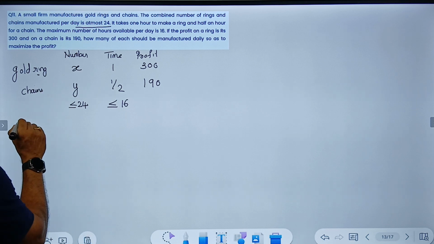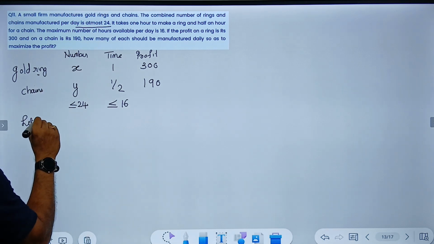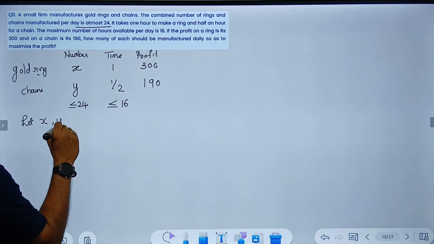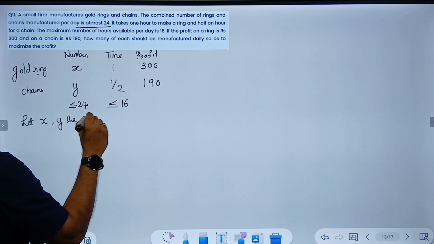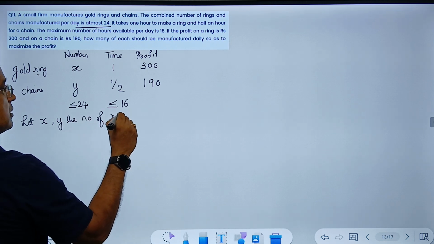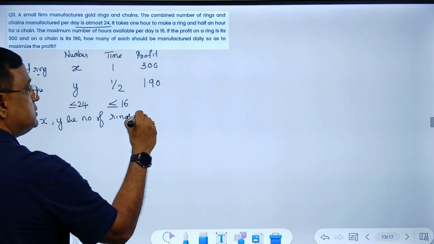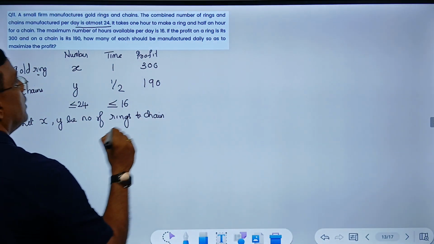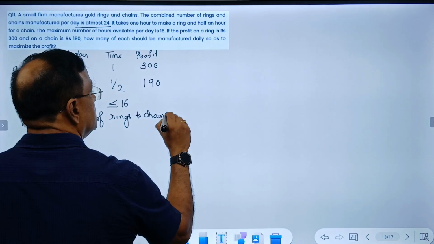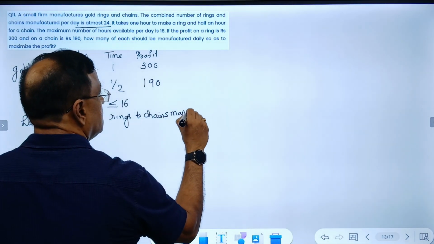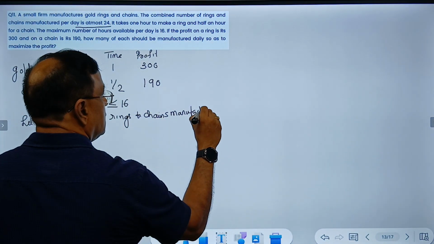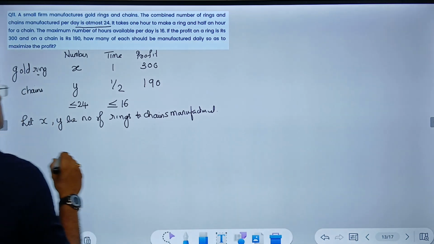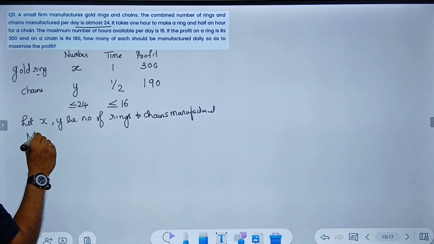Let X and Y be the number of gold rings and chains manufactured. What is the objective function? Maximize or minimize?